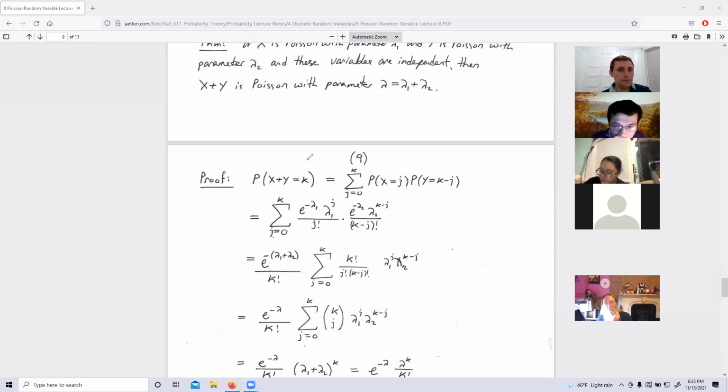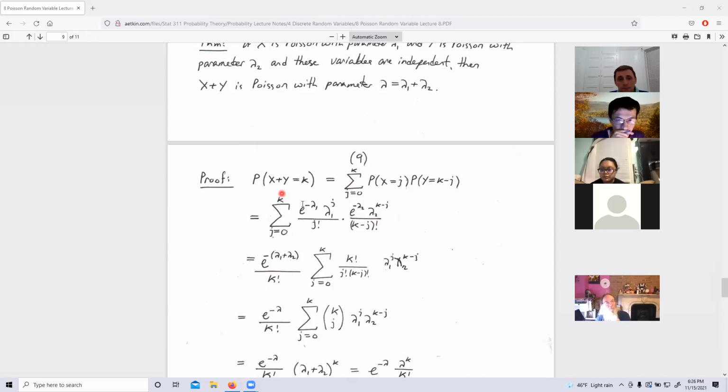So the probability here is identical to the summation, j equals 0 to k, of the probability x equal to j, y equal to k minus j. And they're independent, so this product can be brought into one multiplied by the other. It's independence. Makes sense, guys? Yeah. So this is just conditioning. It's the probability that x is one value, y is another. Because they're independent, I can break it apart like this.